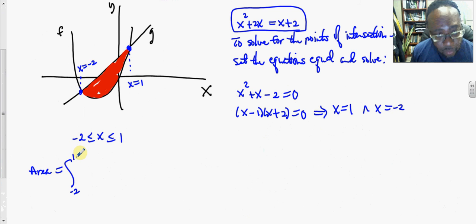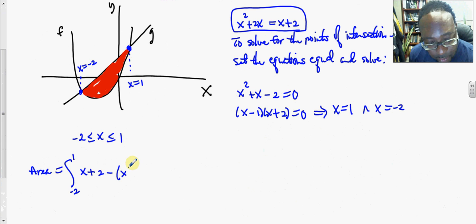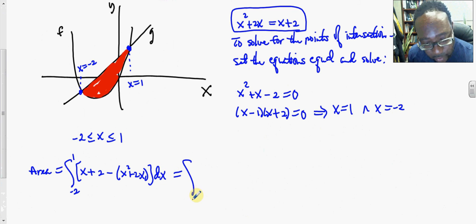negative 2 to 1. The top function is the line, x plus 2, minus the lower function, which is the curve, x squared plus 2x. We simplify and integrate. So I'm going to write that negative x squared first, since it's the biggest term.